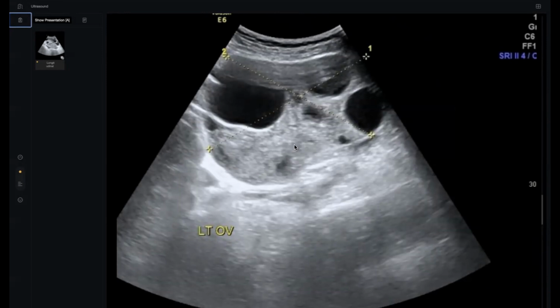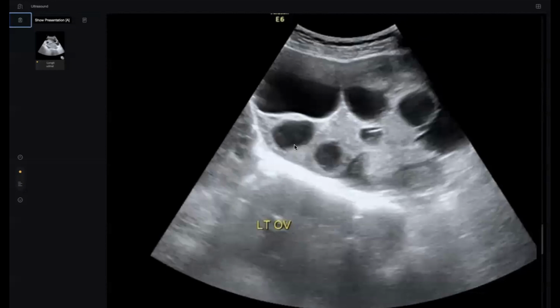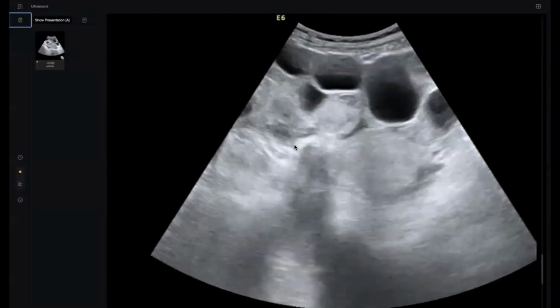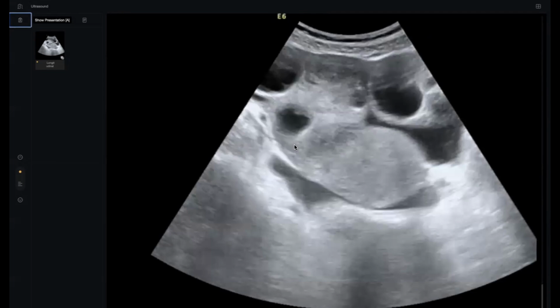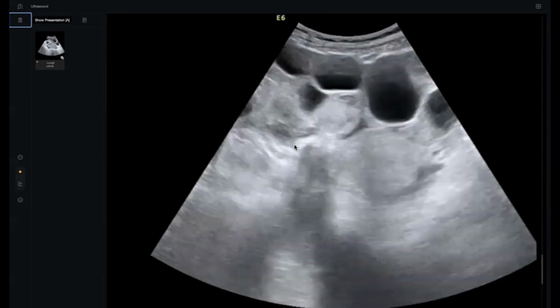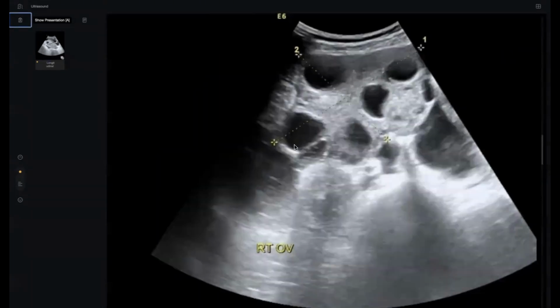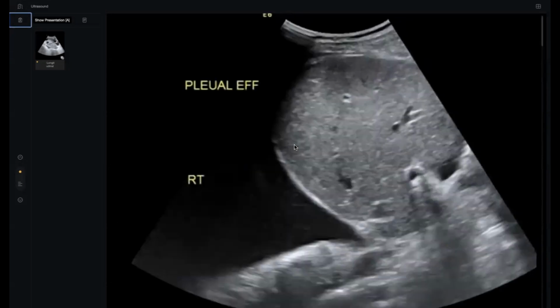Both ovaries are significantly enlarged, bulky with dilated follicles, and the volume is increased. Other than this, ascites is also noted. What's your differential diagnosis? There is also a significant pleural effusion.